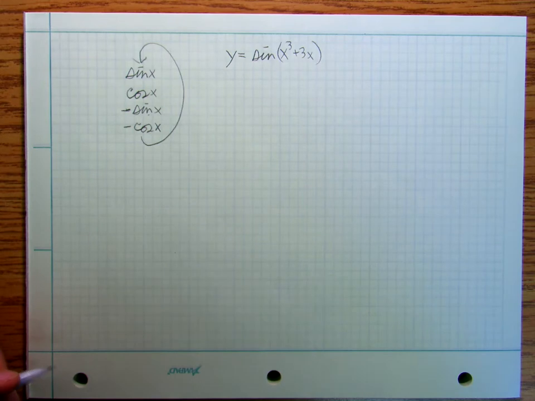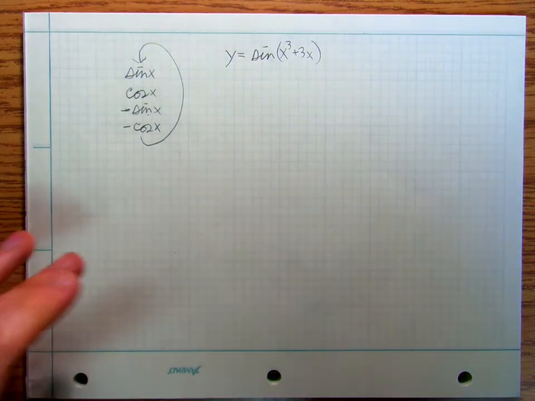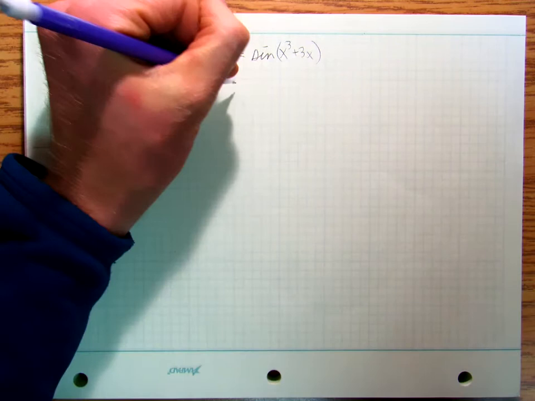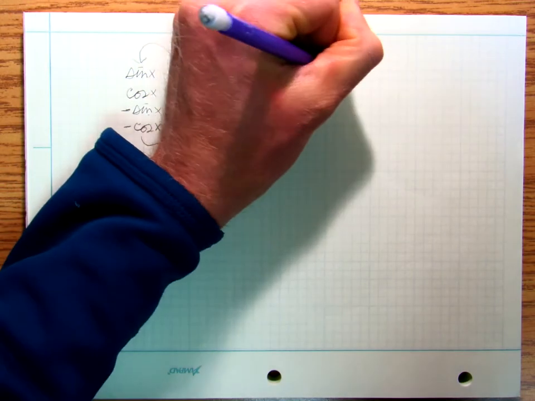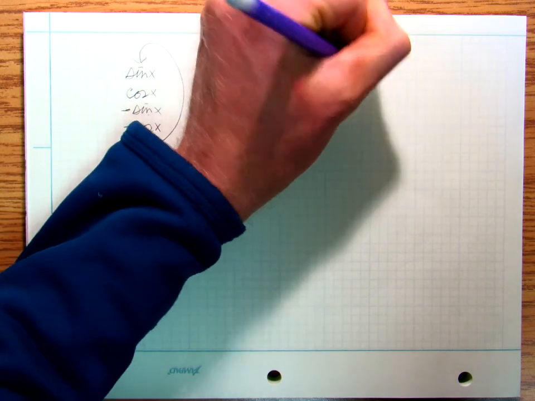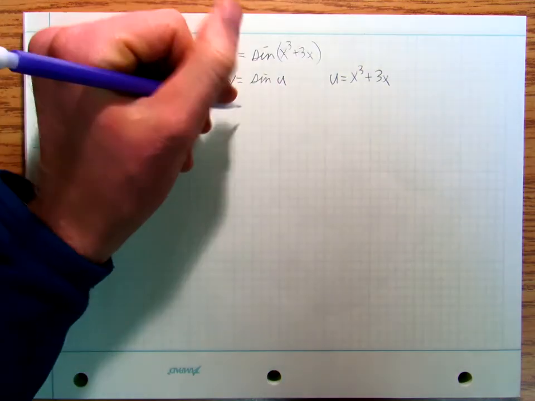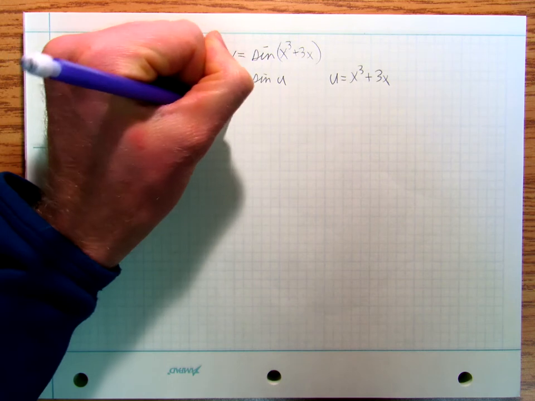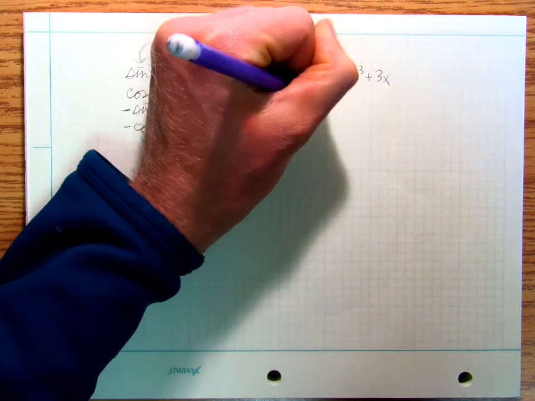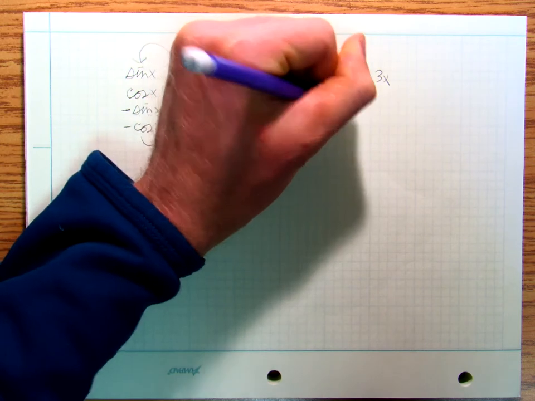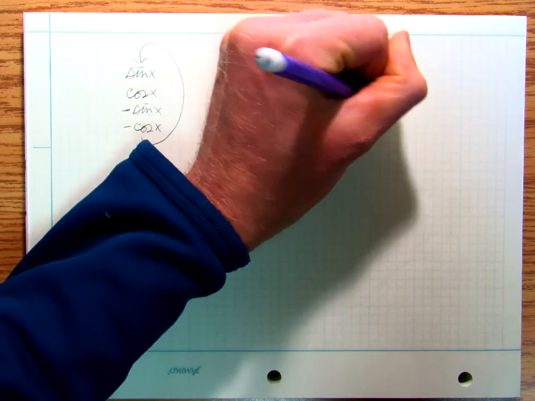y equals sine of x cubed plus 3x. What we're going to do is say y equals sine of u, where u equals x cubed plus 3x. dy/du is equal to cosine u, du/dx is equal to 3x squared plus 3.